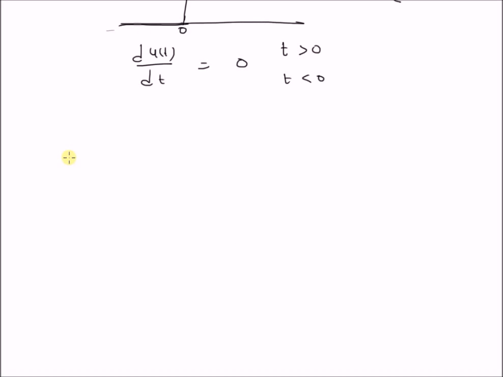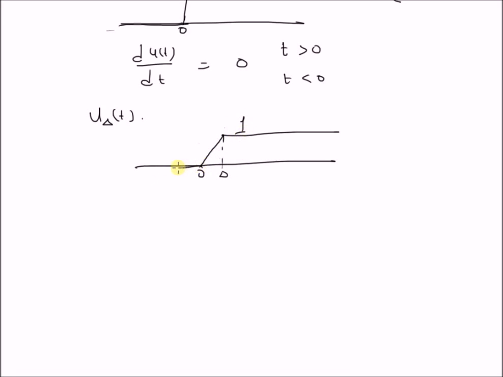Now let us look at an approximation of the unit step signal, which will give us an intuitive understanding of why the derivative of the unit step signal is an impulse signal. Let us define u delta of t as follows. At t equal to 0, the signal has a slope, and then at t equal to delta, it becomes equal to 1.